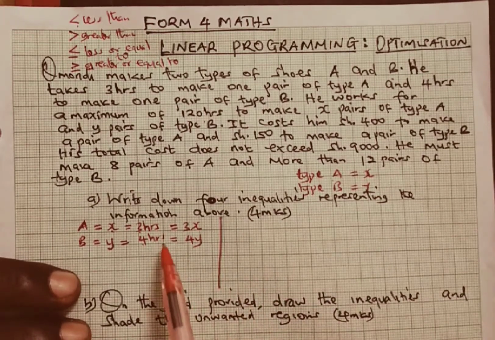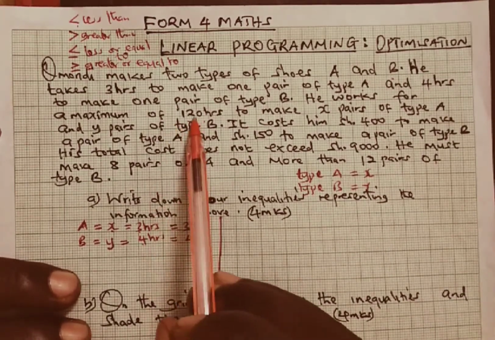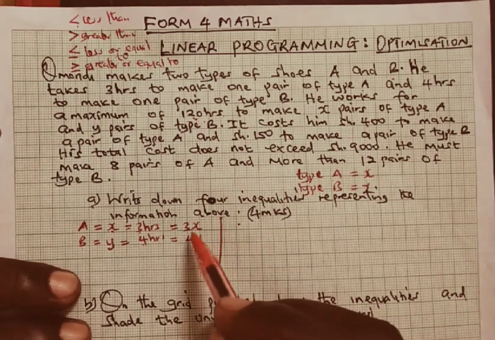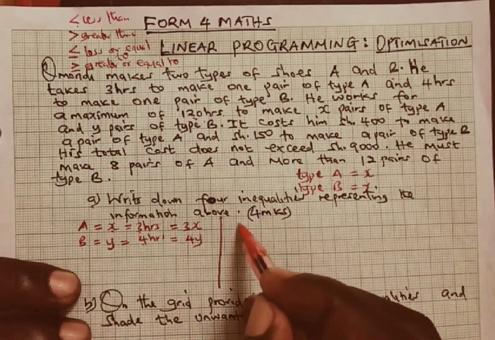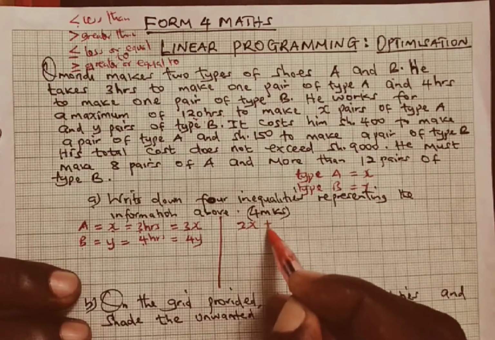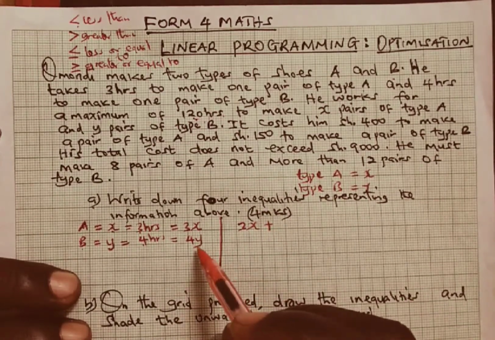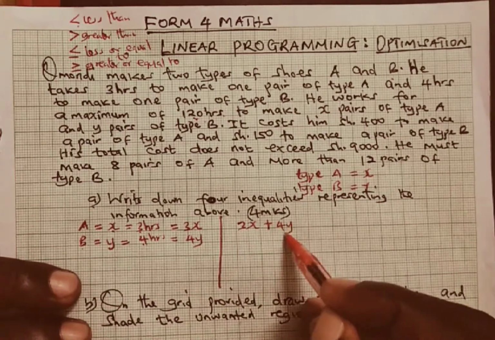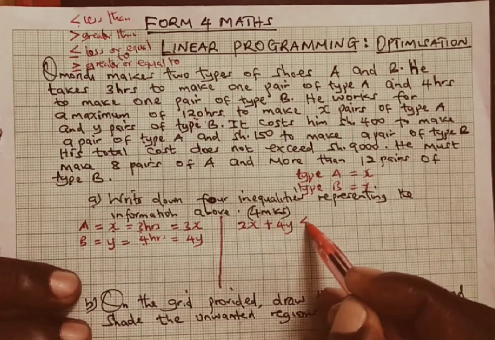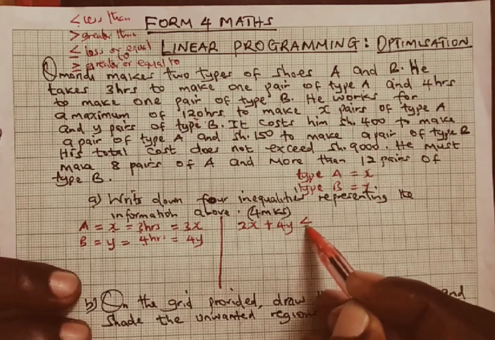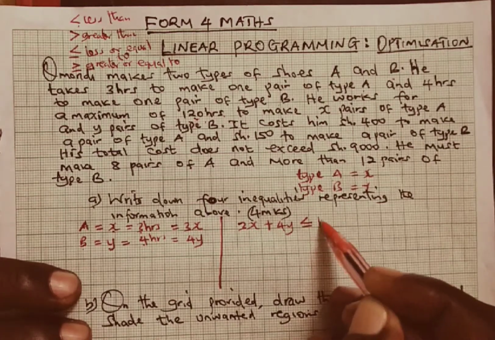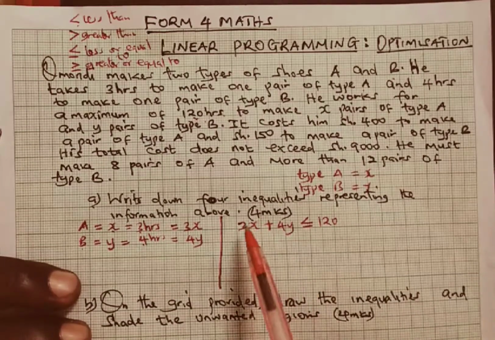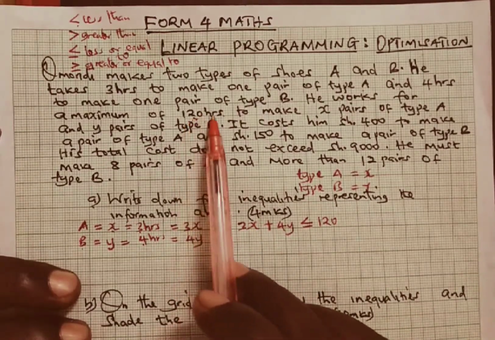Since this person works for a maximum of 120 hours, it means the total number of hours required to make type A, 3x, plus the total number of hours required to make type B, which is 4y, must be less than or equal to 120 hours.